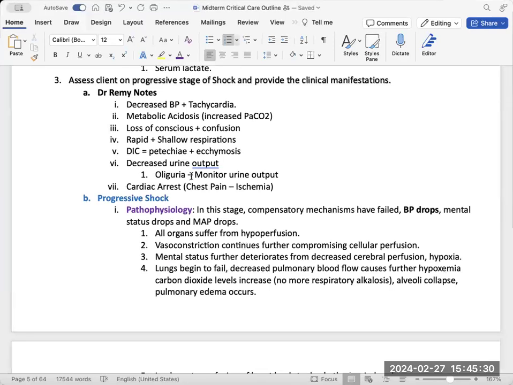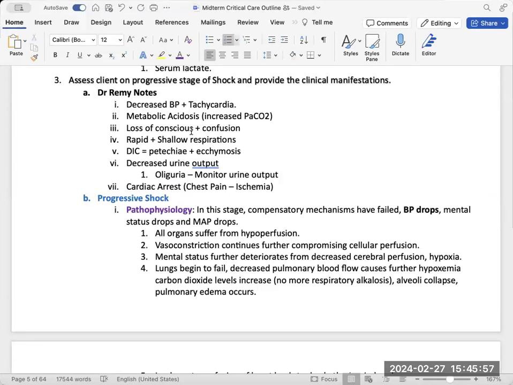Okay, so the next question is: assess a client in the progressive stage of shock and provide clinical manifestations. Now, like I said, I reorganized these questions a little bit. So I figured if we're talking about shock and we already mentioned progressive, let's continue to talk about it. Well, we already talked about the symptoms. So it's that decreased blood pressure, the tachycardia, the confusion, the decreased urine output, right?